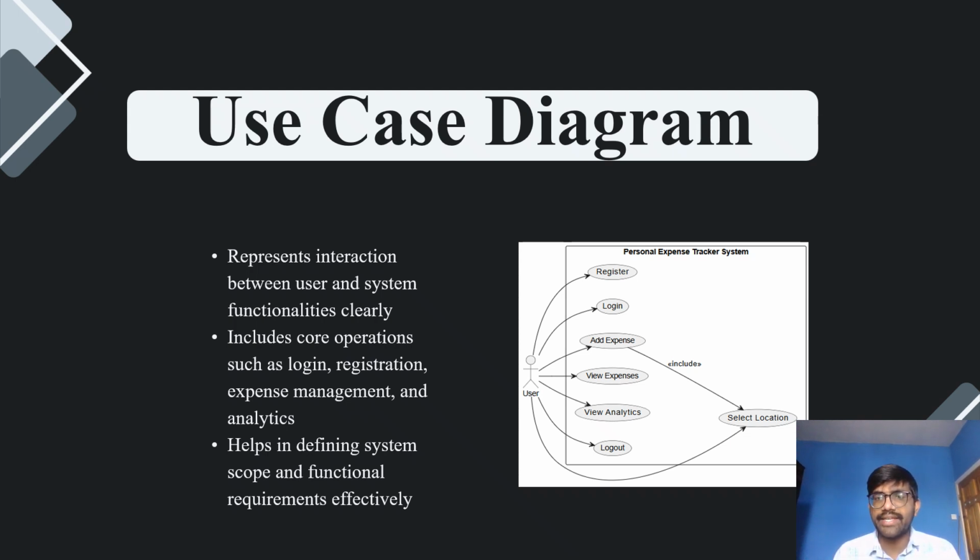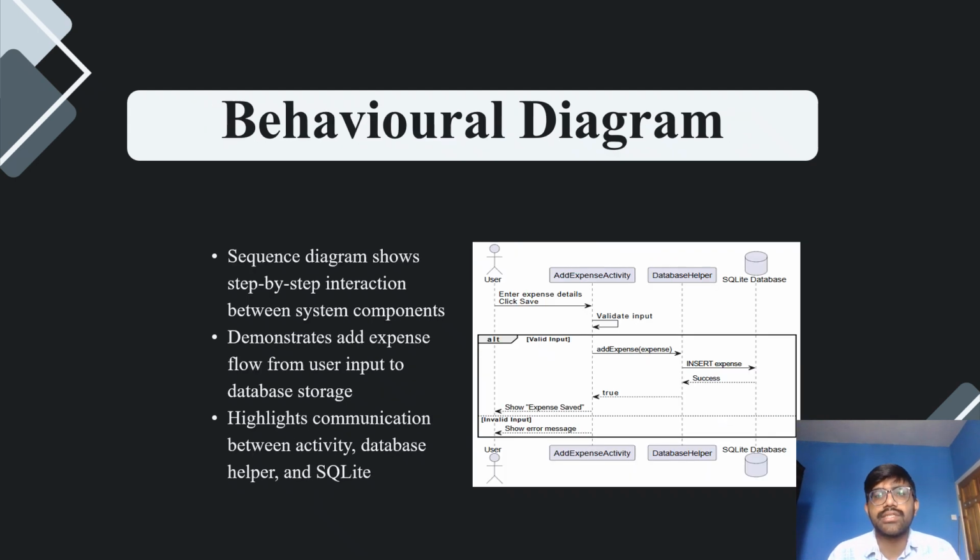At the end of the day, after logging out of the session, there is an end of shift report. This shift report can be downloaded and managed by the expense tracker, and it shows day-to-day reports as well. And this is the use case diagram for that, and this is the behavioral diagram.